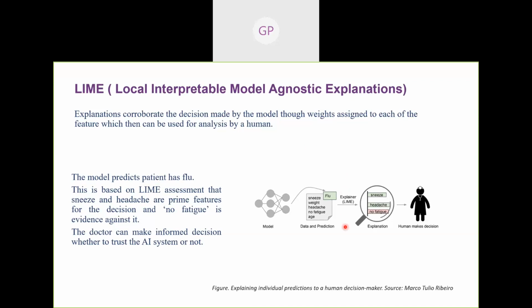If you see here, the sneeze and headache are the prime features for the decision, and no fatigue is the evidence against it. Now, if a doctor looks at it and says, yes, it makes sense that if sneezing and headache exist and the person doesn't have any fatigue, maybe these are symptoms of flu, and the model has taken the reason correctly.